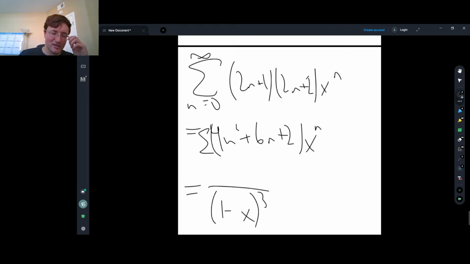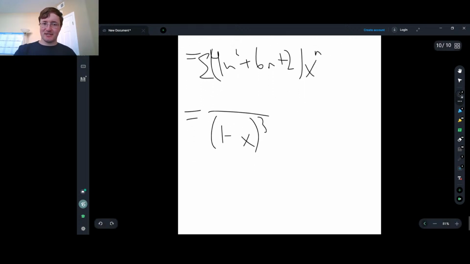So, one second, I have to plug in my laptop. Okay, I've learned today that I probably don't solve problems in the simplest possible way, but, okay, so what is 1 over 1 minus x cubed?